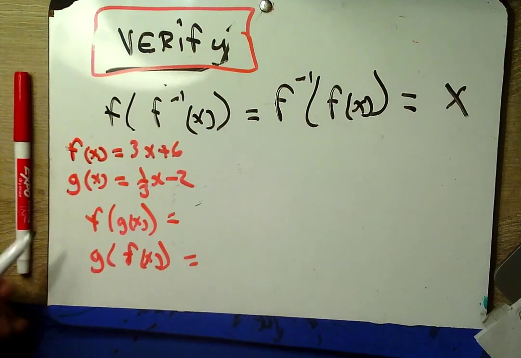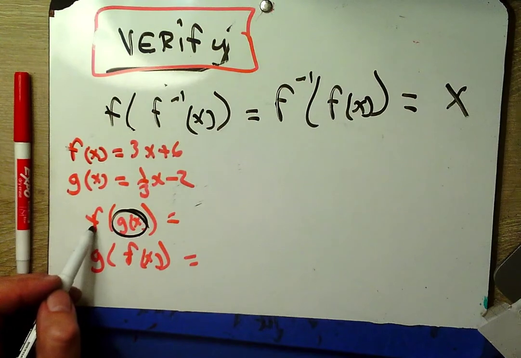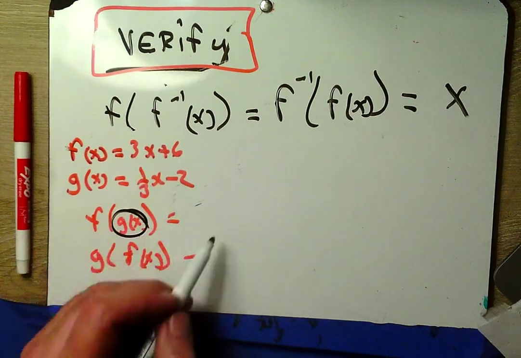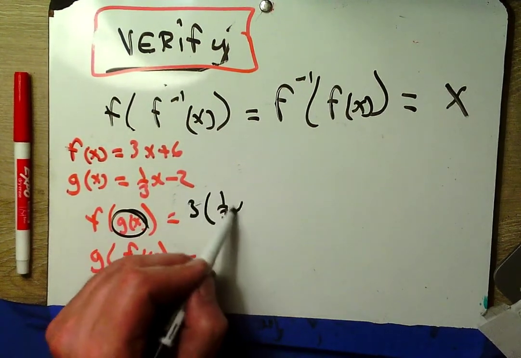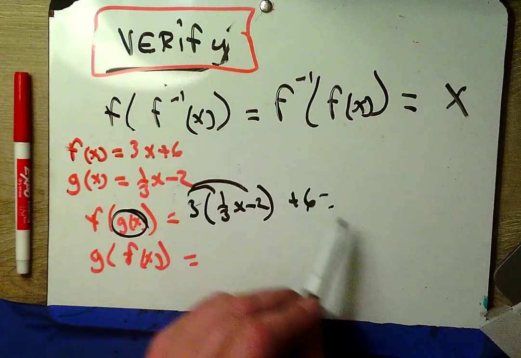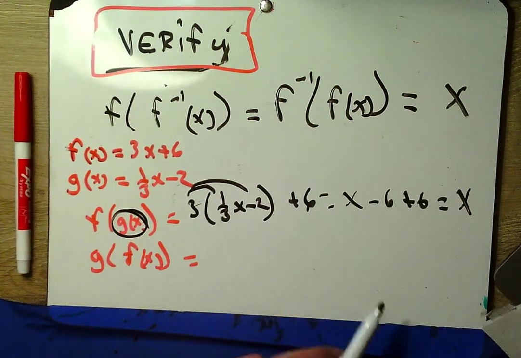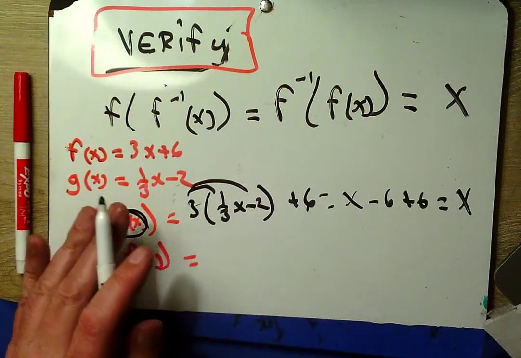Okay. Hey, welcome back. If I take g of x and plug it into all the x's of f of x, that's this in there. So I distribute, and I'm going to have x minus 6 plus 6 is x. Nice. But that's not sufficient.